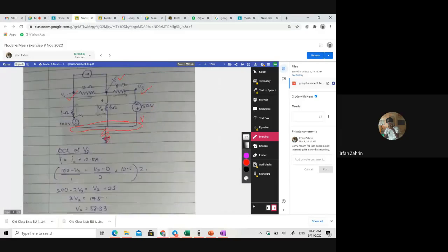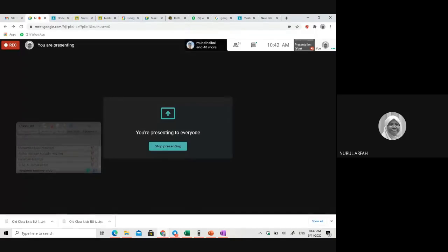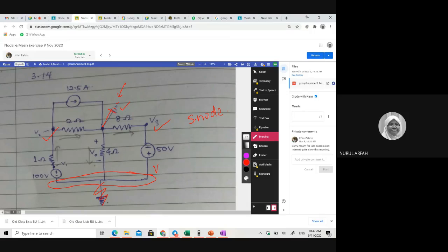Okay. Let me see. The thing is, if you put the ground over here, the current one here, and then you will create two super nodes, isn't it? Why two super nodes? Because when you put the ground here, the reference point here, and then you will name the bottom node here. Sekejap, ada orang baru masuk. Okay. You will name the bottom node as something, maybe VA here.